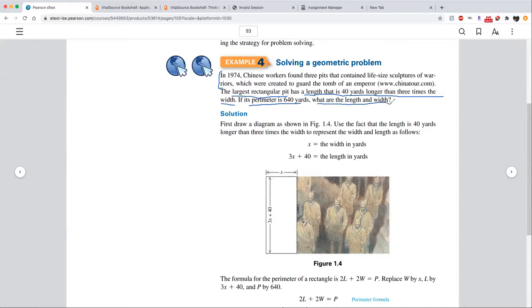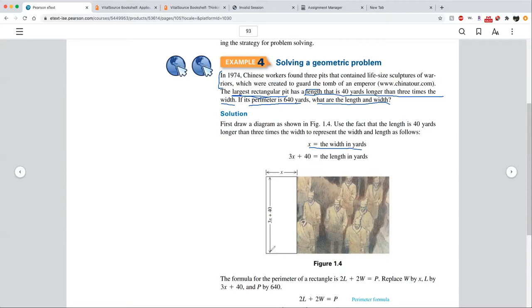Now let's say x is the width in yards. You can set x as the width in yards or the length in yards, either one is just fine. Once we set x as the width in yards, let me draw the rectangular pit first.